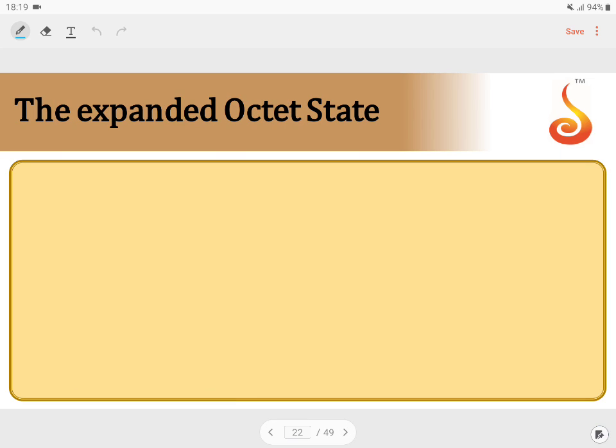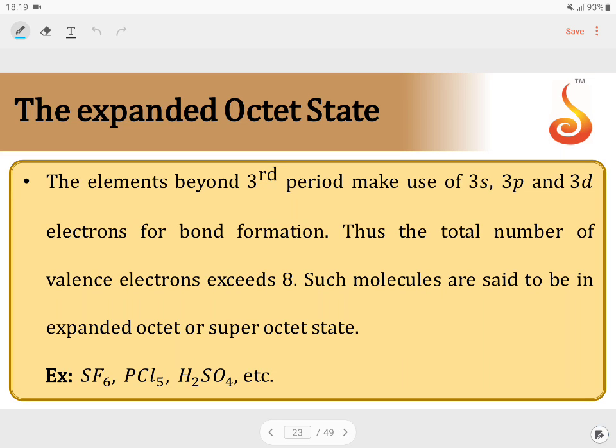Then the third point is expanded octet. The word expanded means more. There are certain compounds where the central atom will have more than 8 electrons. That is possible for third period elements like phosphorus, aluminium, sulfur, chlorine, etc. Because in the third period we have an empty d subshell.